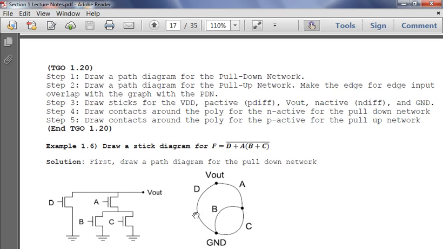Draw the sticks: you're going to draw the VDD, P diffusion, ground, N diffusion, your poly, and your metal outputs. So step 4, you're going to draw contacts around the poly for the N active for the pull-down network based on a path diagram. And then step 5, draw the contacts around the poly for the P active for the pull-up network.